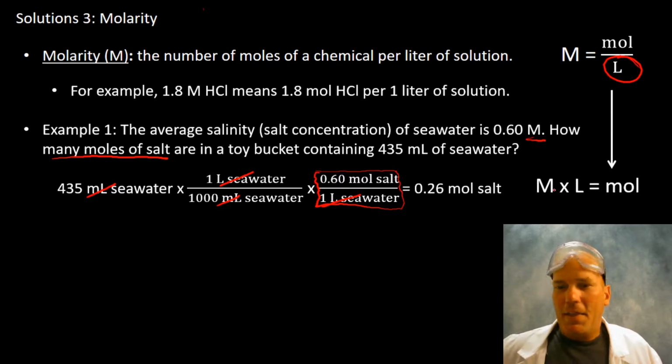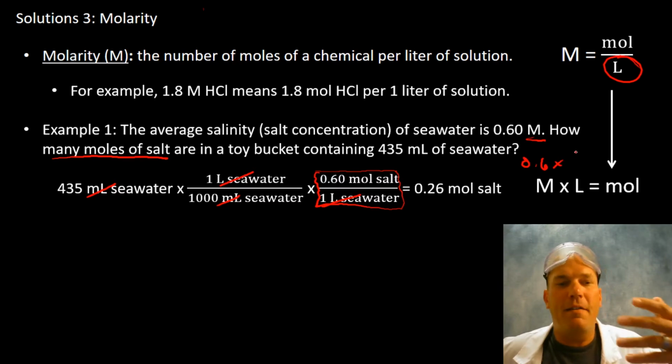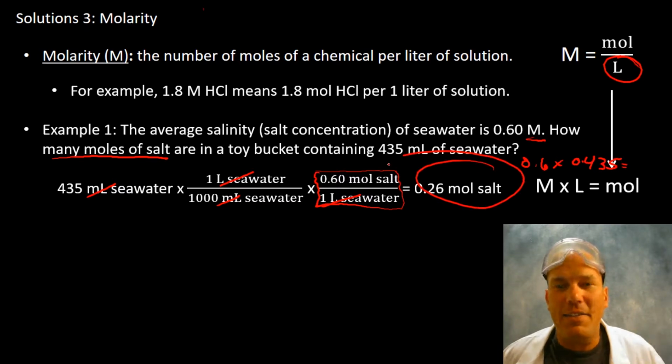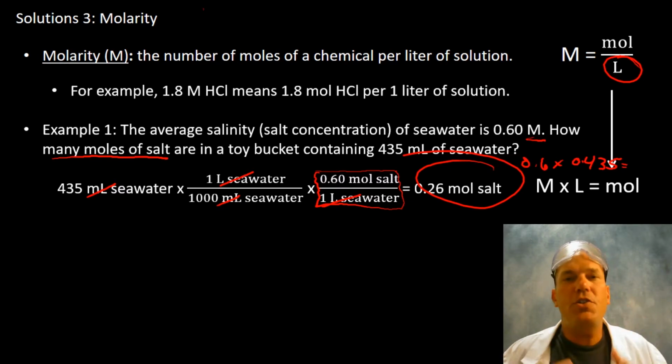This is a very easy way. If I take molarity, in this case 0.6, and multiply it by the volume in liters, 0.435, you're going to get this exact answer. Either way works, as long as you're showing your work and your thought process.